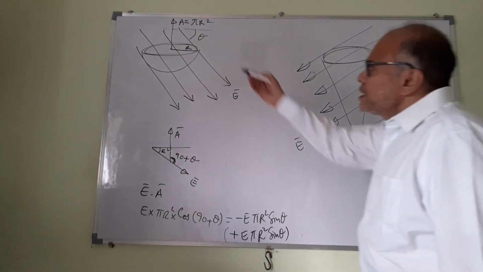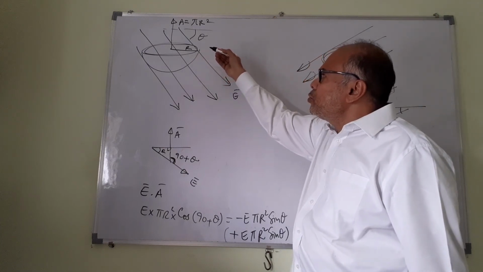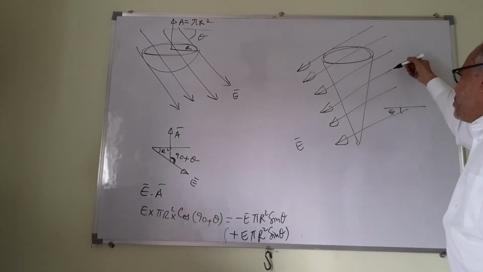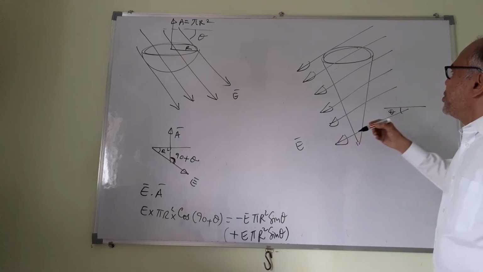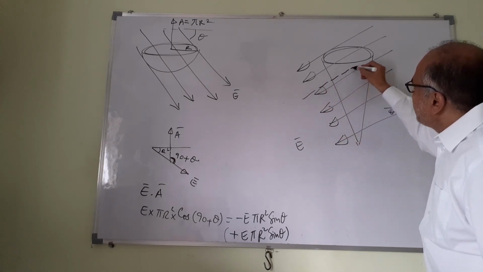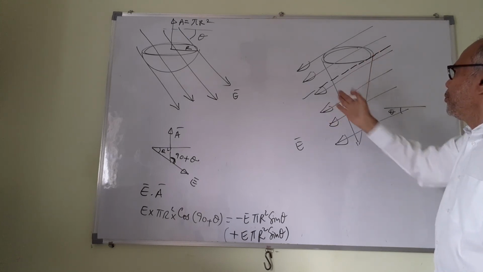Now, unlike the case of a hemisphere, where whatever was passing through the flat surface was passing through the curved surface, here you find some of them enter the curved surface and leave the curved surface. So what we shall do is draw a line parallel at this point like that and cut the cone.